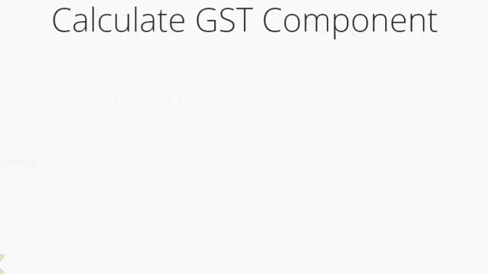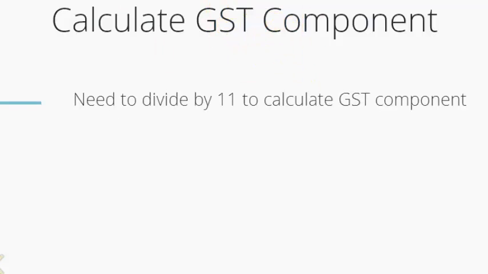Another way of looking at it, and you will be presented with this little complication, is that you might get a transaction which includes the GST already in it, and then it's up to you to calculate that GST. Just remember, we have the component of, say, $400 plus that extra 10%.